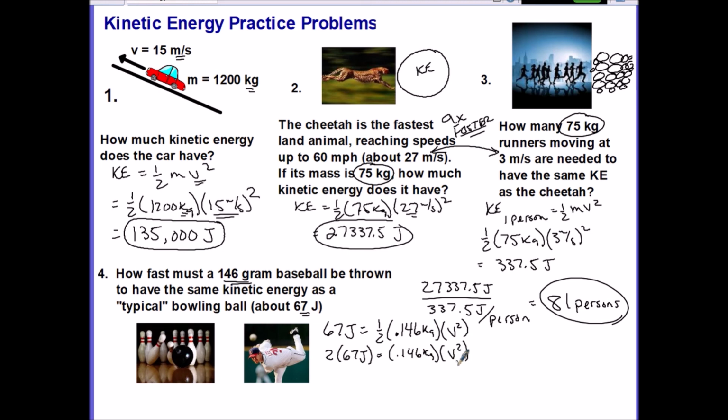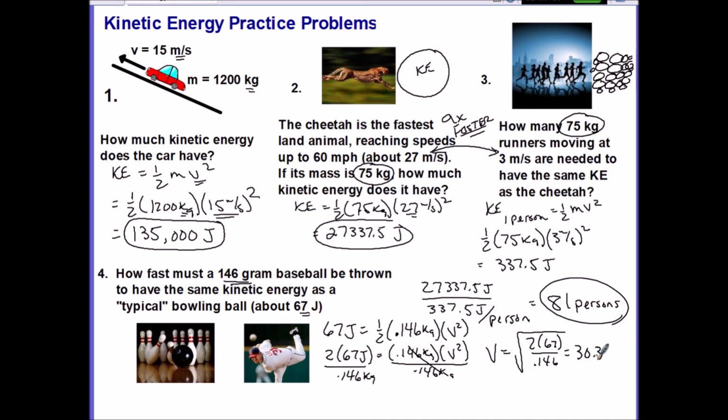Then I'm going to divide both sides by 0.146. And now I just have to get v, which is the square root of 2 times 67 divided by 0.146. And for that, I get 30.3.